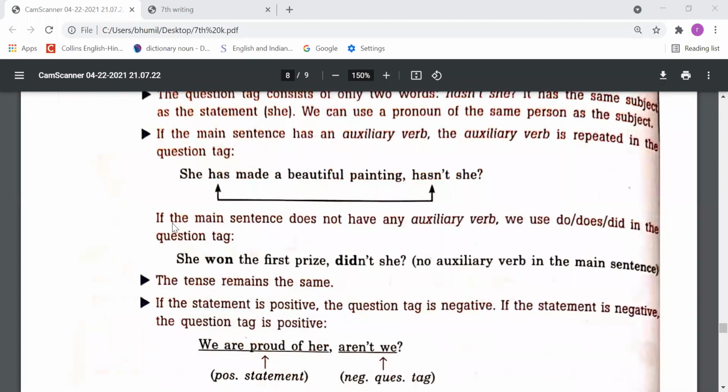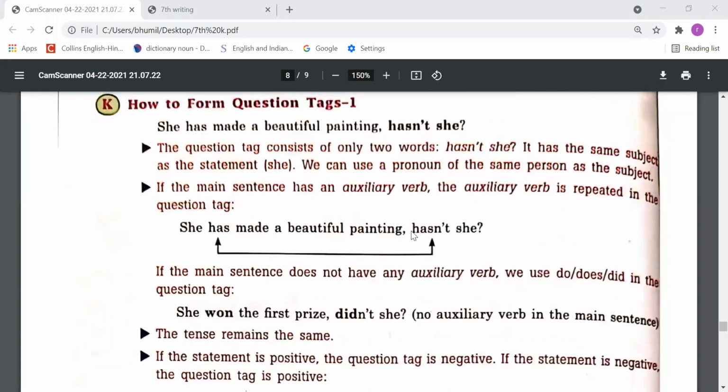And the second point we have understood here: if the main sentence does not have any auxiliary verb, like you can see here, we have used the same auxiliary verb in the question tag. Suppose in any sentence, like we know that in simple present tense or simple past tense, whenever we form any assertive statement which is positive, we don't use any auxiliary verb, or we can say helping verb.